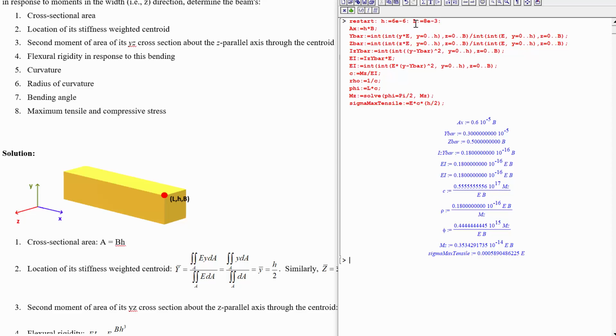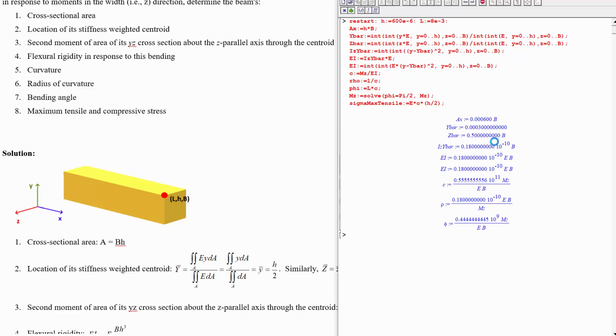If you had a thicker thing, like let's imagine instead of 6 microns, it is 600 microns, then we're going to end up with a maximum tensile stress showing up, which is 6% of the Young's modulus. Rather than 0.06%, we have 6%.